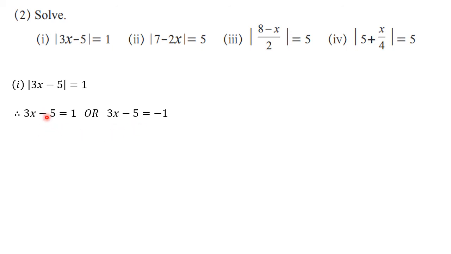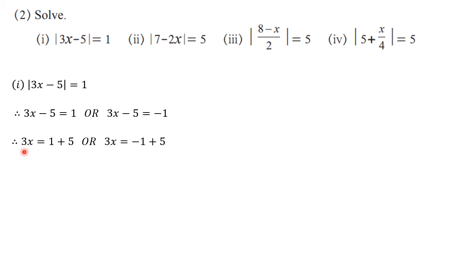Now this minus 5, if we shift it to the right hand side, we will get 1 plus 5. And here if we shift this minus 5, then we will get minus 1 plus 5. It's simply a change of side, that these like terms we are taking together on the right hand side. So 3x is equal to 1 plus 5 or 3x is equal to minus 1 plus 5.